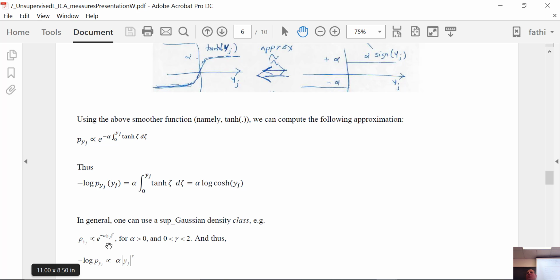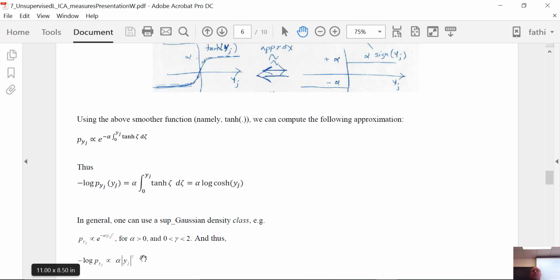We're going to force the density to become super Gaussian of this form, and if we make it Laplacian, we have an expression for this entropy that is the absolute value of y_i, the variable, to a power alpha, which could be 1 or anything less than 2.